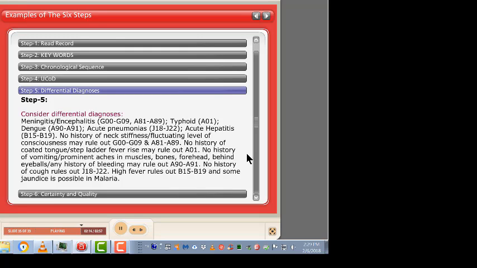No history of vomiting, prominent aches in muscles, bones, forehead, behind eyeballs, any history of bleeding may rule out A90 to A91. No history of cough rules out J18 to J22. High fever rules out B15 to B19, and some jaundice is possible in malaria.